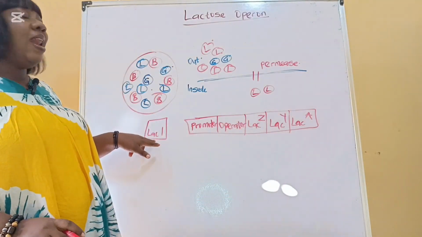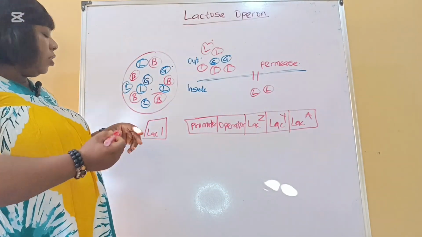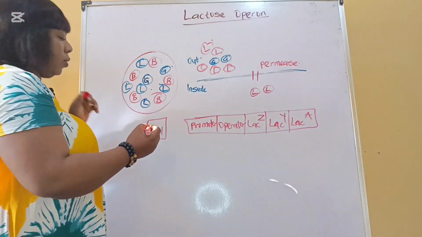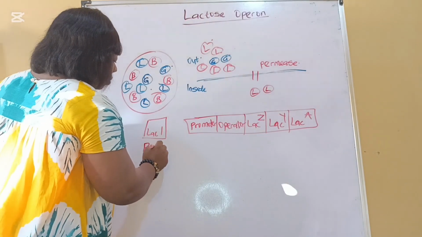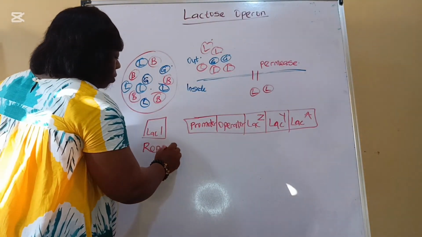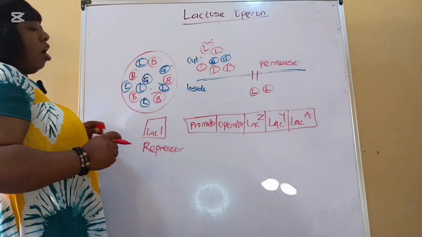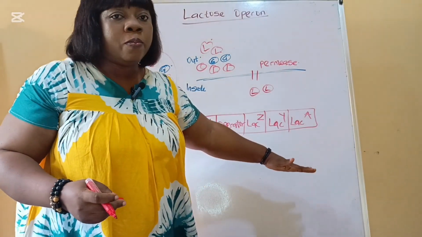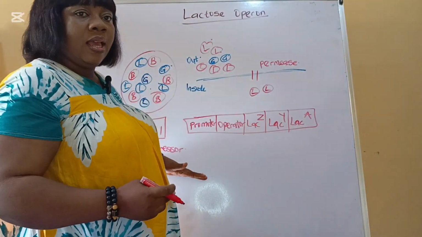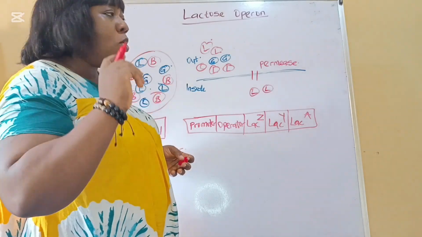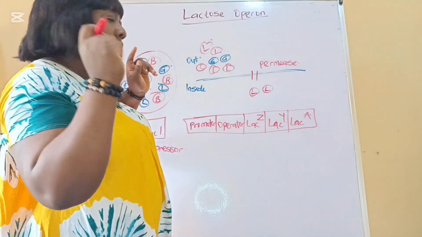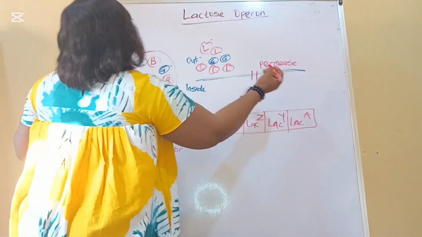We also have lacI, which is also known as the repressor. Now, for this lac operon that is here, let me give you something you can use to remember it quickly. Let us put it here.